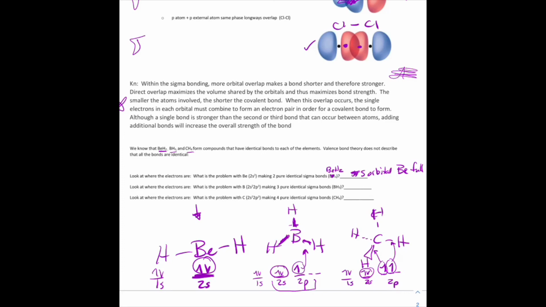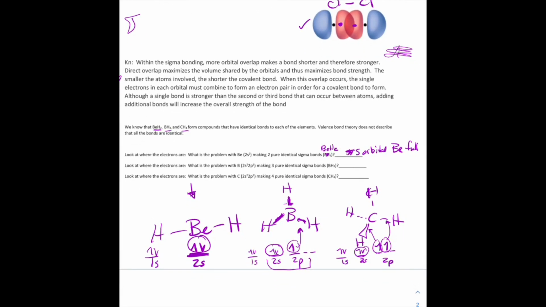That's why everyone got to thinking about it and decided to think of things as hybrid atomic orbitals. And last note is that hybrid orbitals only affect the middle atom. So he's the one that's changing. The other guys, nope. Be's the one with the problem. Be's the one that's got to change. Same with boron, same with carbon. It's only the middle atom.